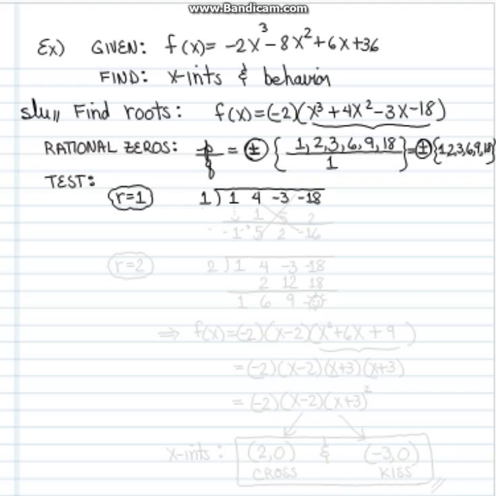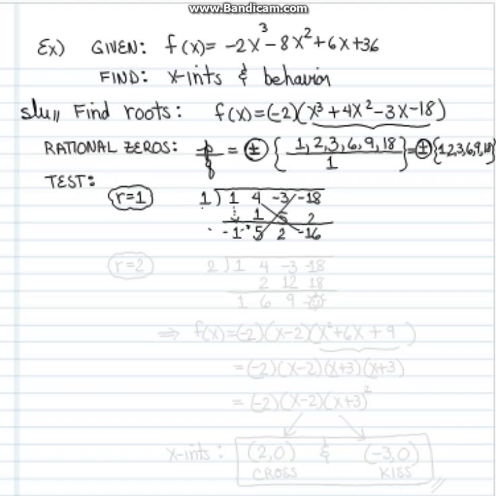And there are no missing coefficients, so we won't be putting in a 0. Bring down the first number and then multiply. 1 times 1 equals 1. Add, you get 5. Multiply 1 times 5 is 5. Add, you get 2. Multiply 1 times 2 is 2. Add, you get negative 16. No, that doesn't help us.